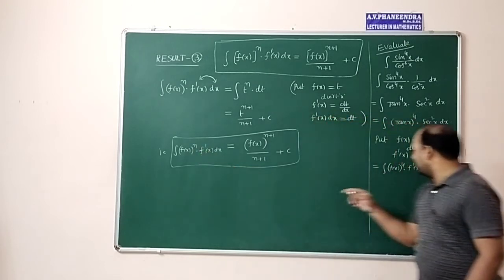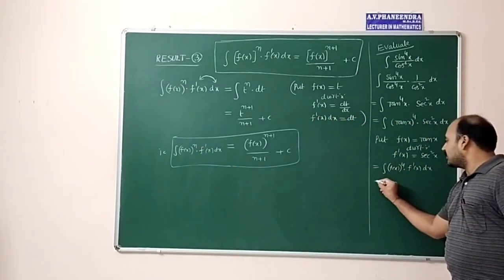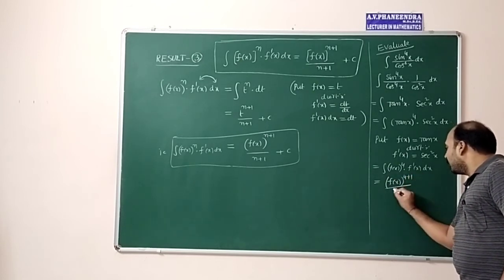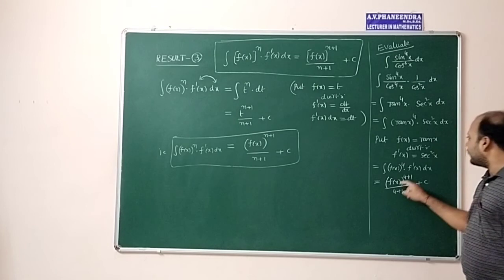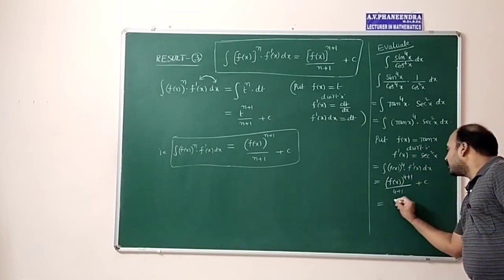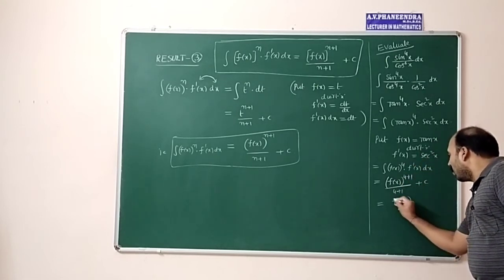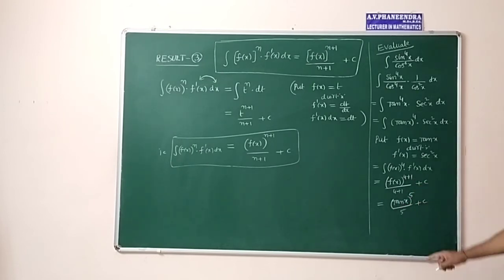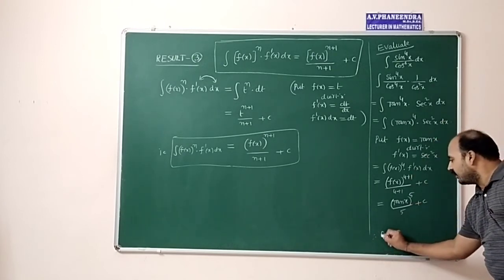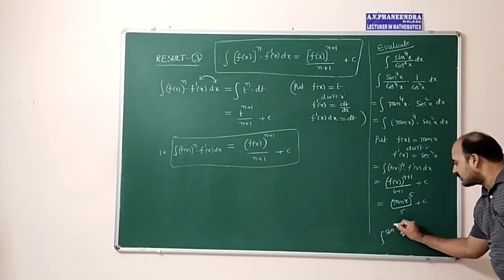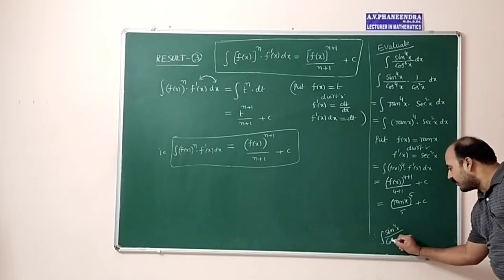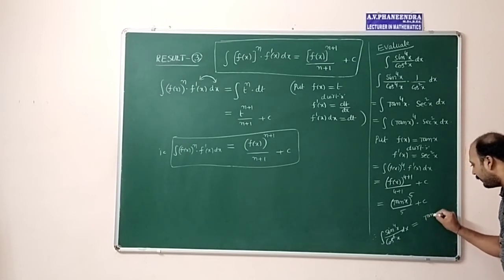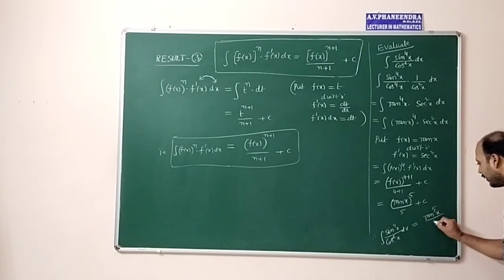In place of n here 4 is there. So we can write it as (f of x) whole power 4 plus 1 by 4 plus 1 plus c. What is f of x? We assumed here tan x, which gives (tan x) whole power 4 plus 1, that is 5, by 5 plus c. Therefore, the given integral sin power 4x divided by cos power 6x into dx is equal to tan power 5x divided by 5 plus c.